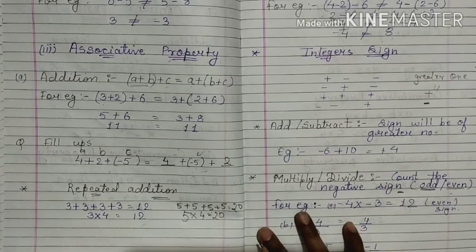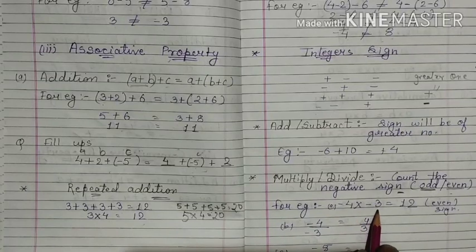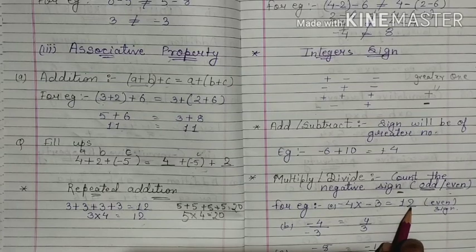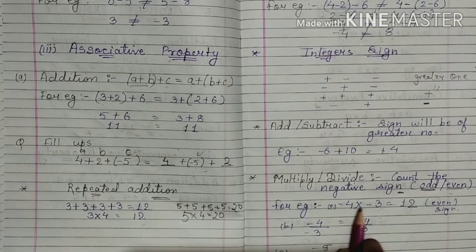For example, you can see minus 4 and multiply with minus 3. Then 4 3s are 12 and minus minus. There are 2 and 2 is an even number. So there will be no sign.